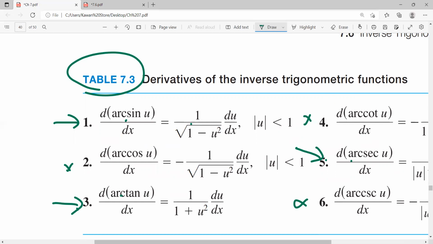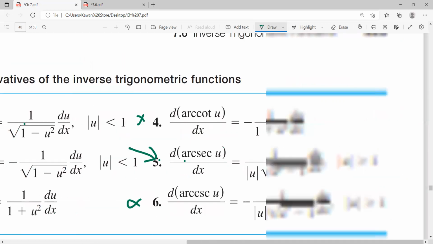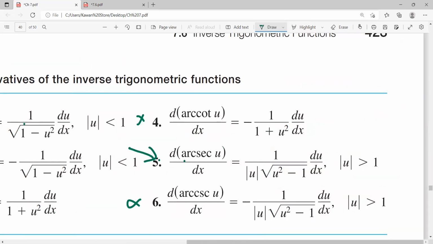Yes, just multiply by negative. What's the difference between the first and the second? The third and fourth? The fifth and the sixth? Just negative.